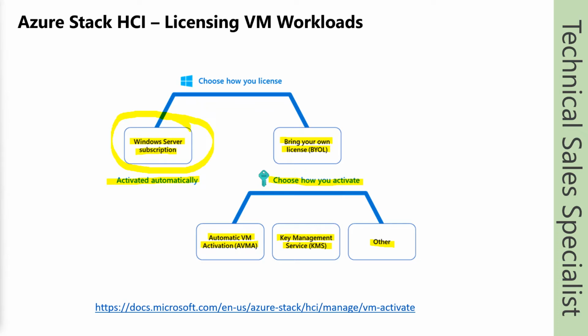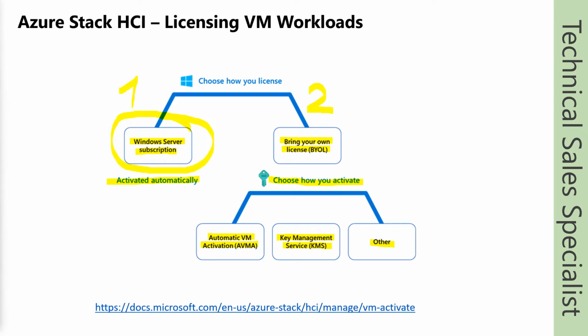So the Windows Server subscription way on the left-hand side, number 1 here, is actually in preview. Option 2, bring your own license, is already available. Windows Server subscription in preview is not charged, so you can use this without any costs if you want to test it. Costs will be provided as soon as the preview ends. Bring your own license is already available.